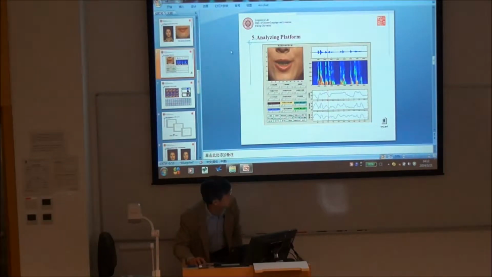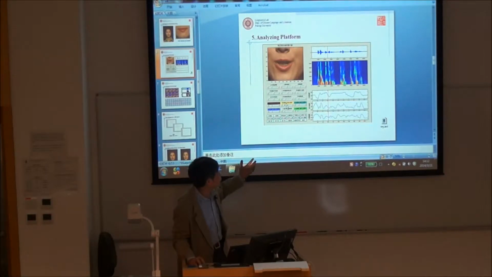This is a video, the part of the lip. There are many function buttons here. You can use this to extract parameters. Here we show 3 parameters, and this is the speech sound.